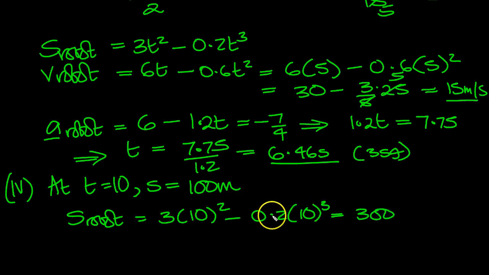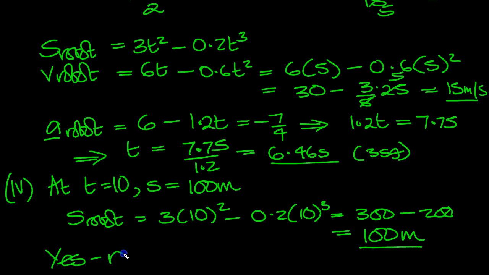This is 1,000, and 0.2 times 1,000 is 200. 300 minus 200 is 100 meters. So yes, the race is drawn, because they're both at 100 meter distance at time t equals 10 seconds.